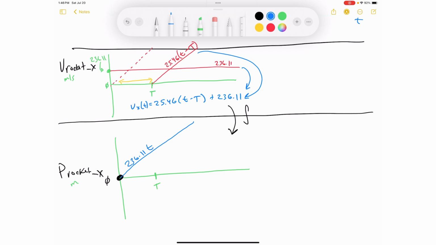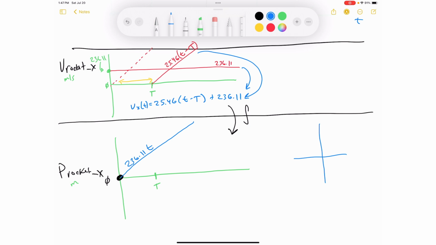Great. Now, what about this other function, 25.46 (t minus T)? What does that look like? I'm just going to show this over here, and I'll end up erasing it. Normally, if it was just 25.46 t, you would take half of that, which is 12.73, so it would be 12.73 t squared.